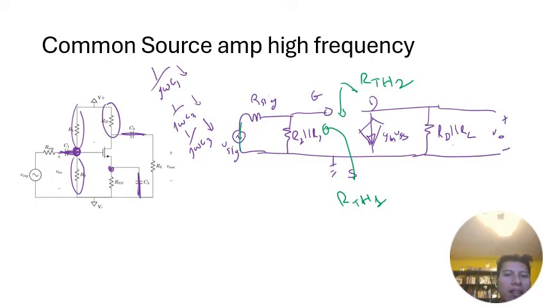Whenever we're finding R Thevenin, we always short out any external source. We're not in the low frequency case where we shorted out all other capacitors. Now we leave all other capacitors as open, because we're always looking at things from the perspective of the mid-frequency model. In the mid-frequency model, all external capacitors are short, and that's why we shorted them, and all internal capacitors are open, and that's why now we're just going to leave them open.